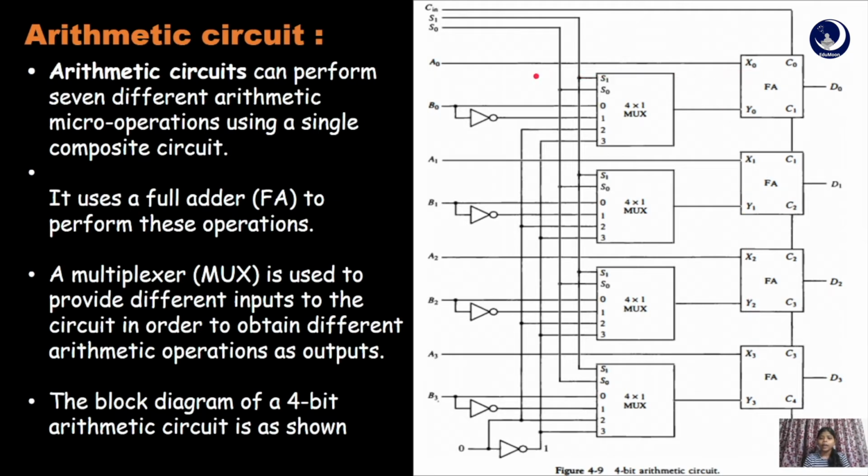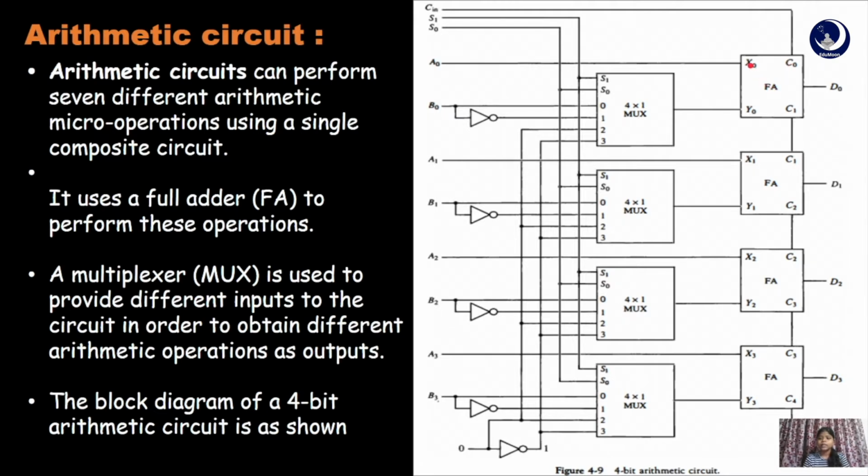The bits of register A are given directly to the x inputs of the full adders, that is, A0 is connected to x0, A1 to x1, A2 to x2, and A3 to x3. The y inputs of the full adders are given using 4x1 multiplexers, which, as we know, take 4 inputs and give 1 output. The outputs of the 4x1 multiplexers are connected to the y inputs of the full adders. Here we use the carry input Cin, which is given as the carry input C0 to the first full adder.